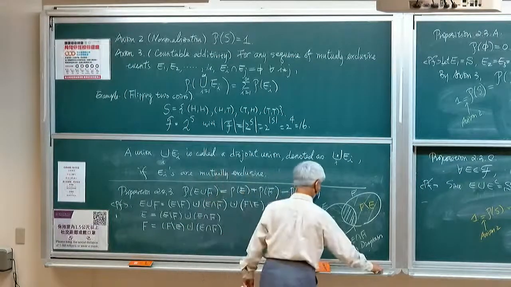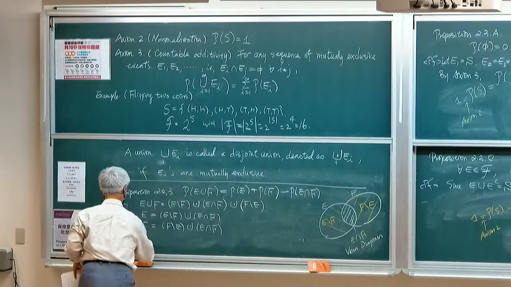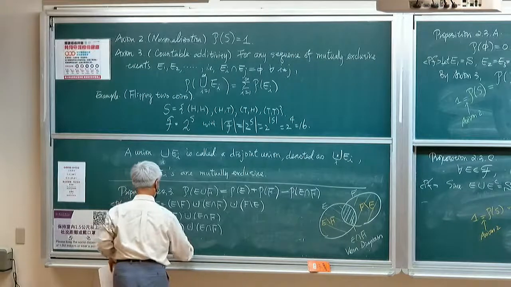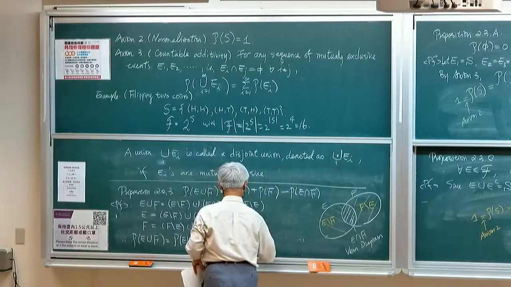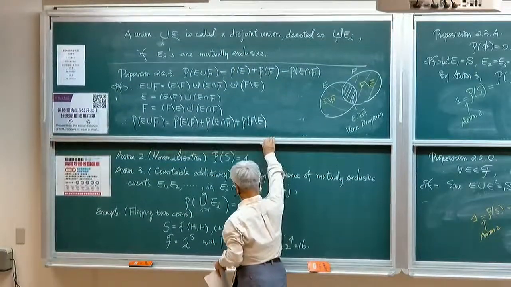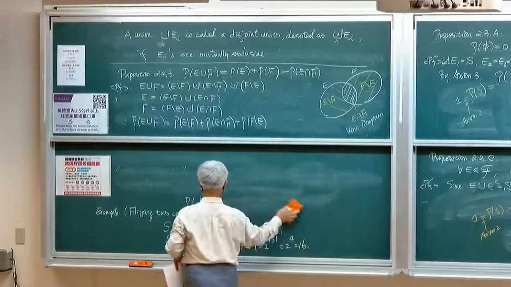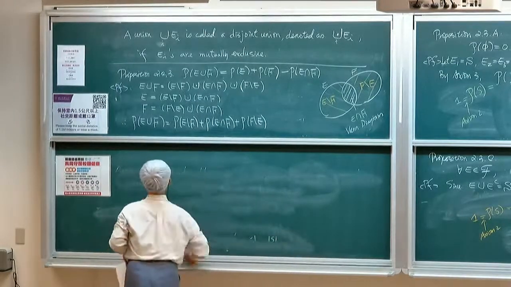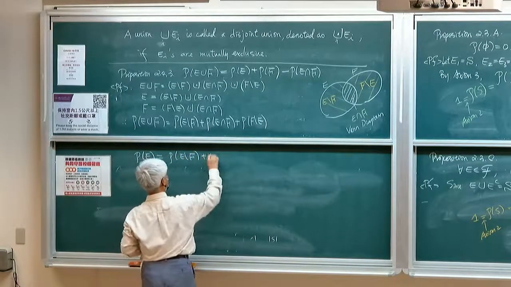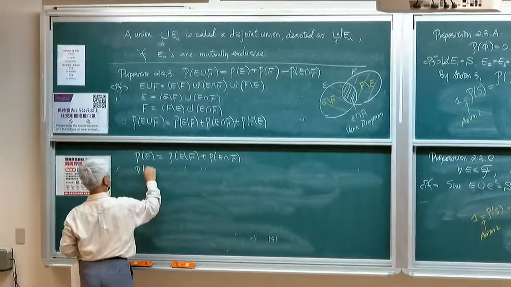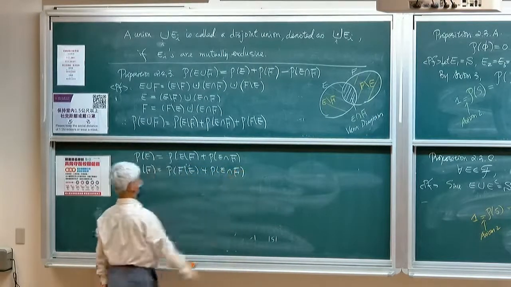And so now from the countable additivity or from the finite additivity, you can say that probability of E union F is the probability of E minus F plus probability of E intersect F plus probability of F minus E. And probability E is probability of E minus F plus probability of E intersect F, and the probability of F is probability of F minus E plus probability of E intersect F.